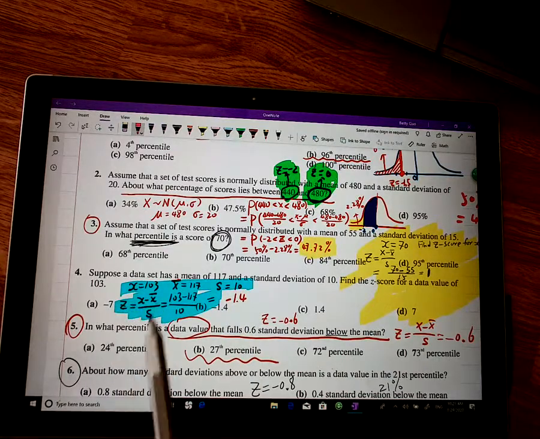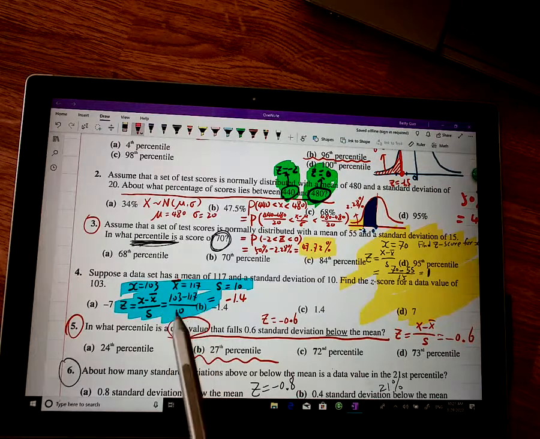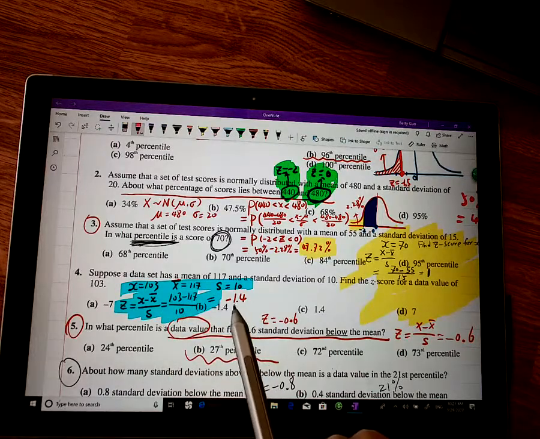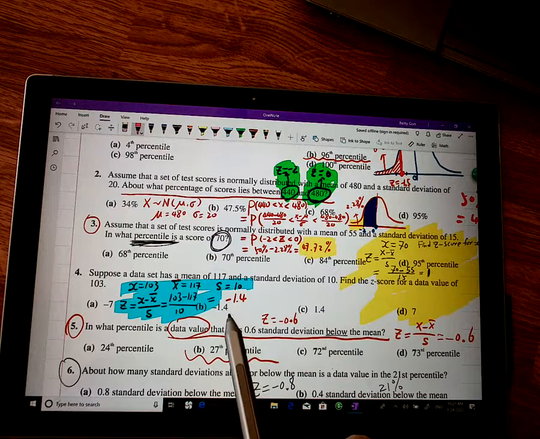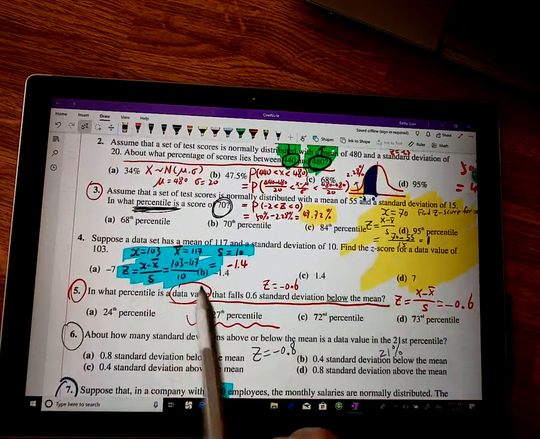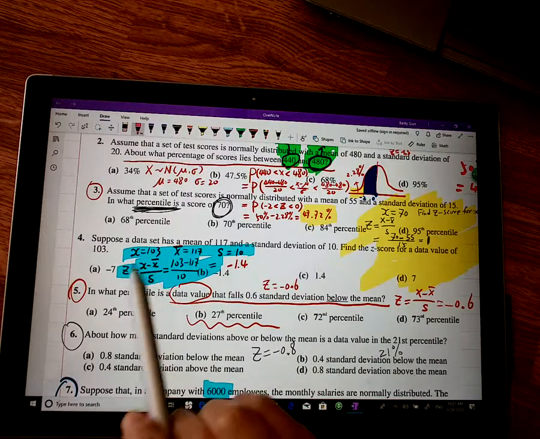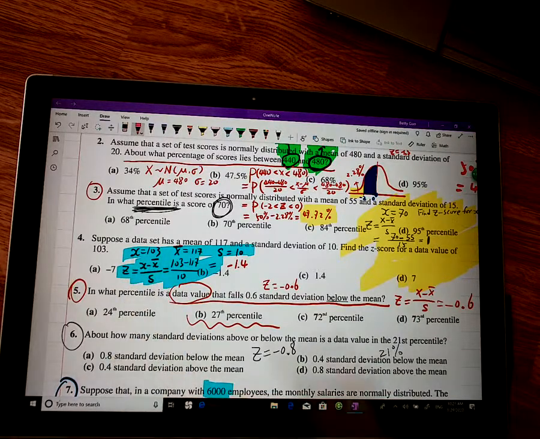Very simple, basic formula. Z equals x minus x bar all over s. And then you plug in everything. 103 minus 117 all over 10. You get the z-score is negative 1.4. Is that doable? Number 4 is simply a straightforward application of the z-score formula.